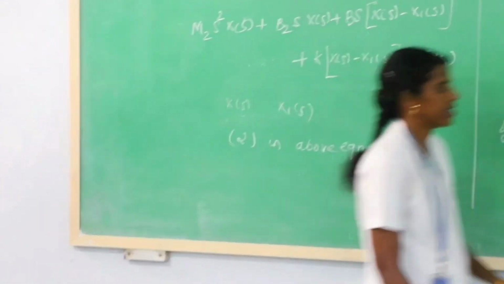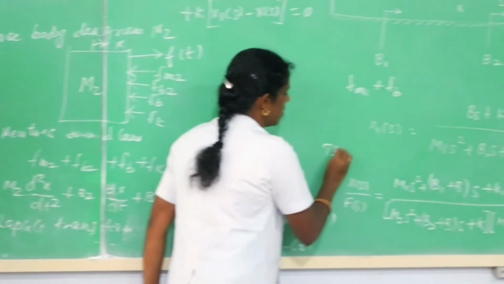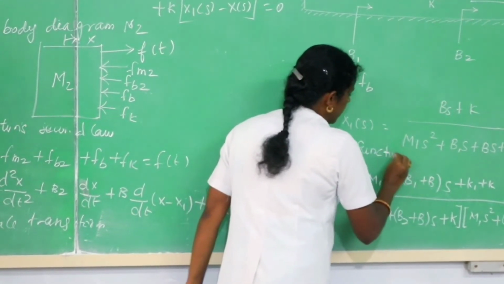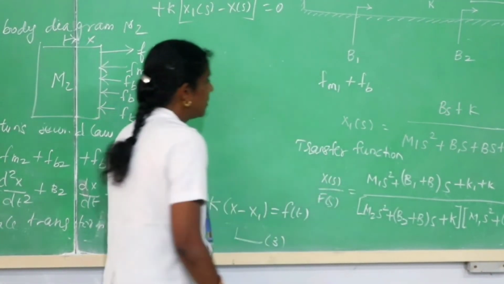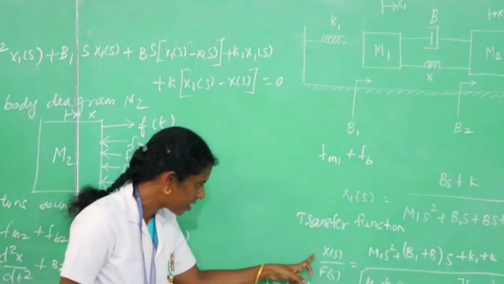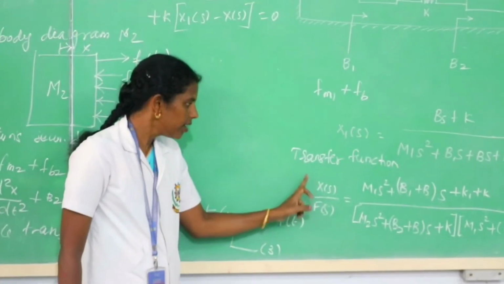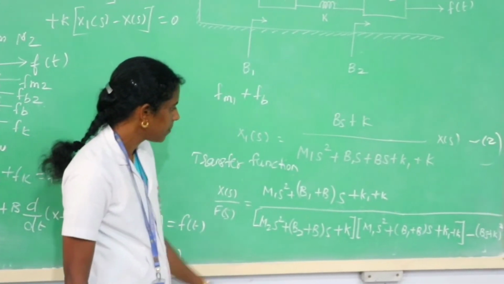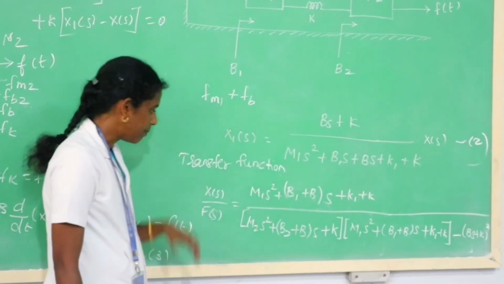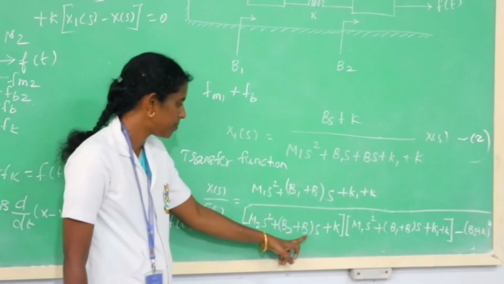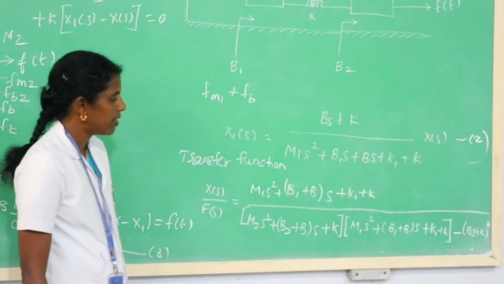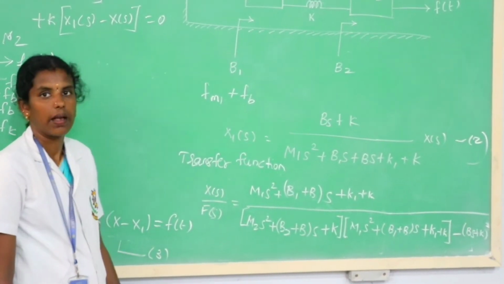we get the transfer function of the given mechanical system, X of s by F of s, which is equal to (m1 s square plus (b1 plus b) into s plus k1 plus k) divided by [(m2 s square plus (b2 plus b) into s plus k) into (m1 s square plus (b1 plus b) into s plus k1 plus k)] minus the coupling term.